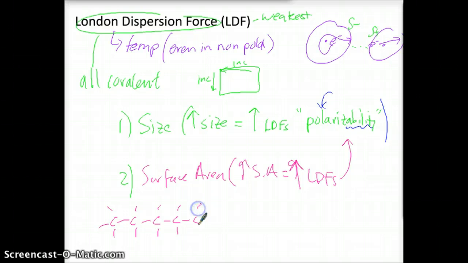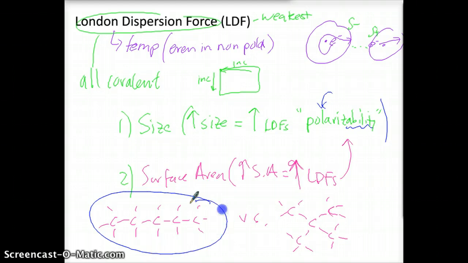This molecule has more surface area than a molecule that looks like this. Carbon, carbon, carbon, carbon, carbon with hydrogens coming off. So we would expect this molecule to have more London dispersion forces, stronger intermolecular forces.